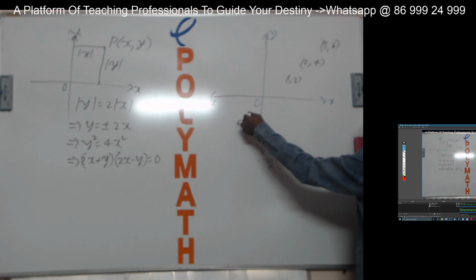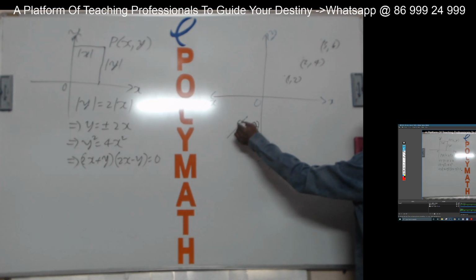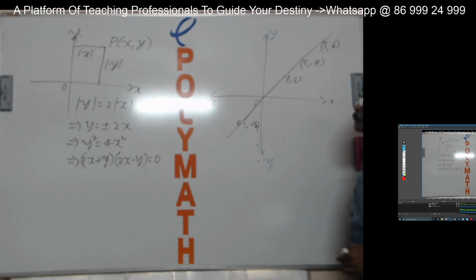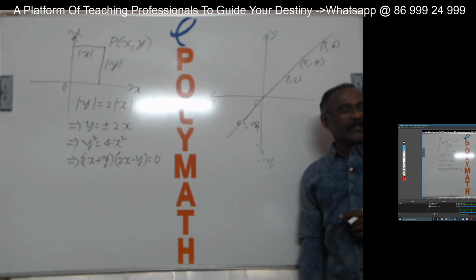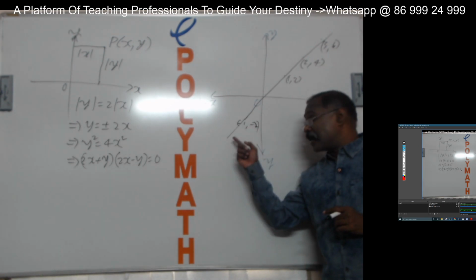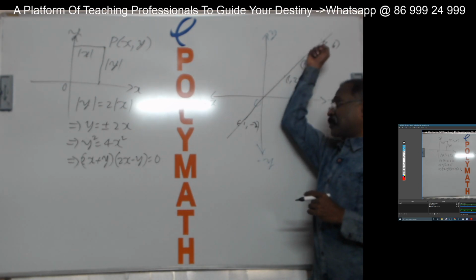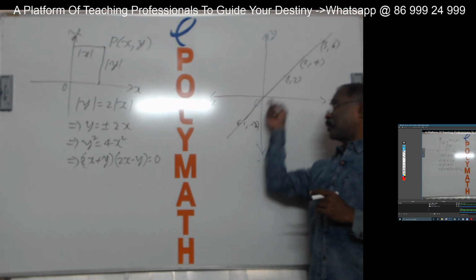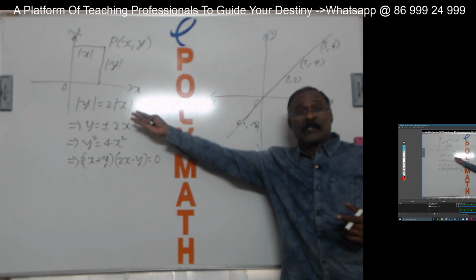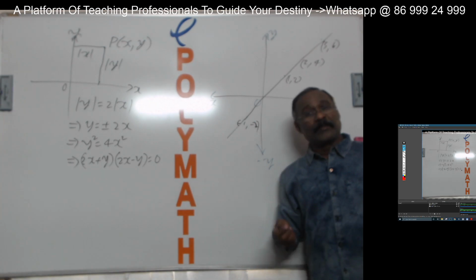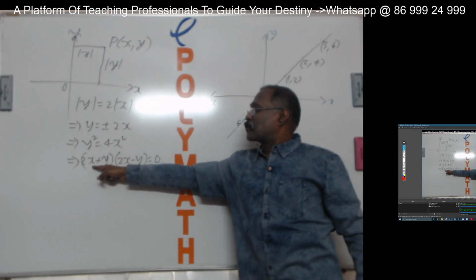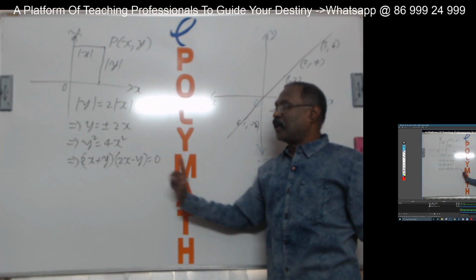If you join all such points, this forms a line. So what is it that you have to understand? The path traced by the set of points that satisfy a given condition or a well-defined property is nothing but the locus. That is why you have got the answer to be 2x plus y equal to 0 or 2x minus y equal to 0.